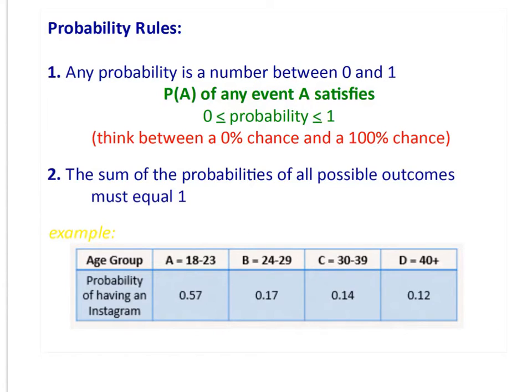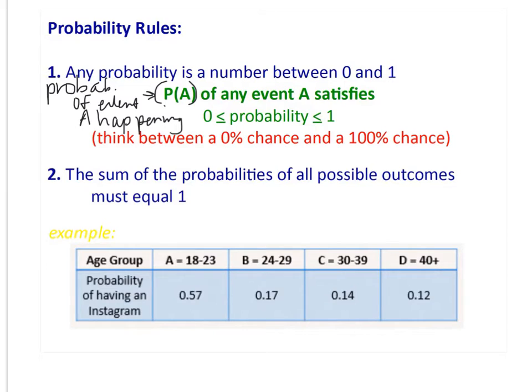So you see this notation right here, P parentheses A, that stands for the probability of event A happening. So the probability of A, we just notate as P(A). So this is my first rule. All my probabilities are between 0% and 100%, or between 0 and 1.